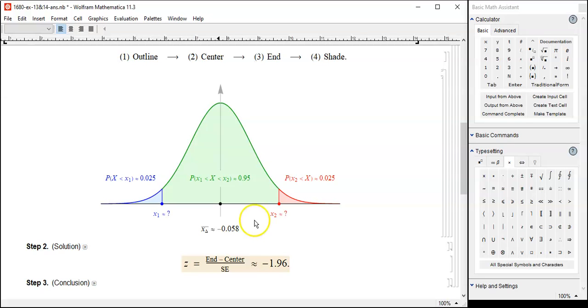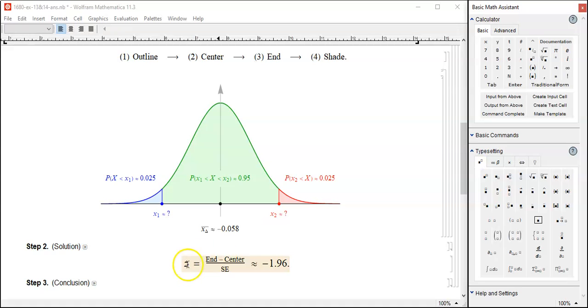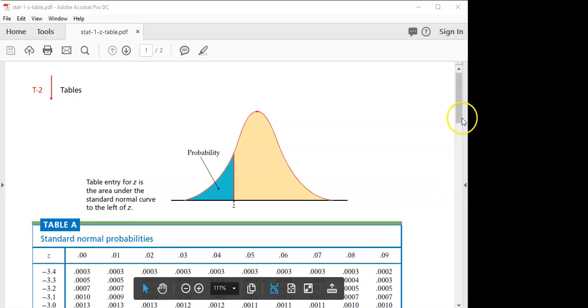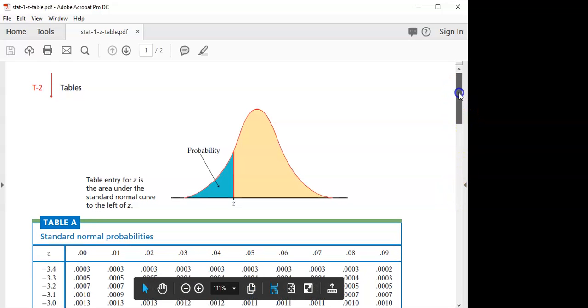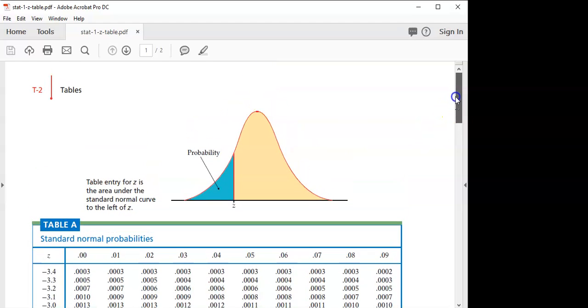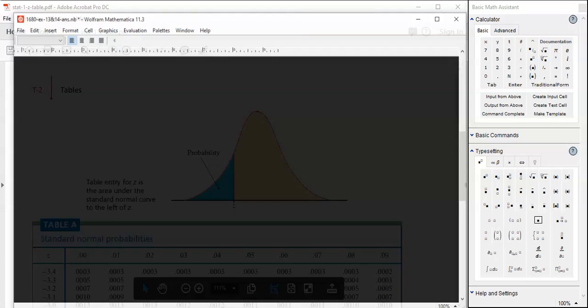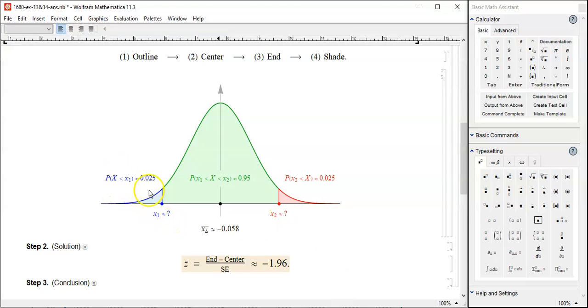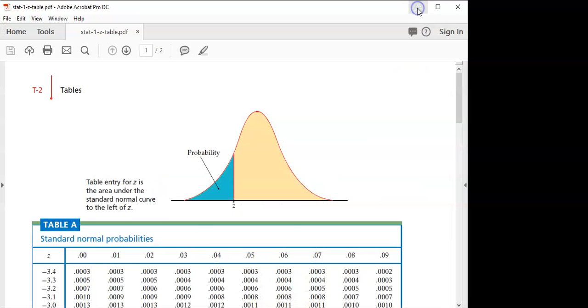Excuse me, let me stop this recording and let me bring back that normal table here in case there are some people who forgot. Okay, I brought the normal table here, and this part over here has to be 2.5%. Let's go back to this. This shading, 2.5% on the left-hand side endpoint. That's what we're looking for.